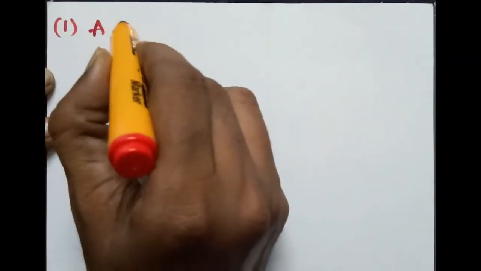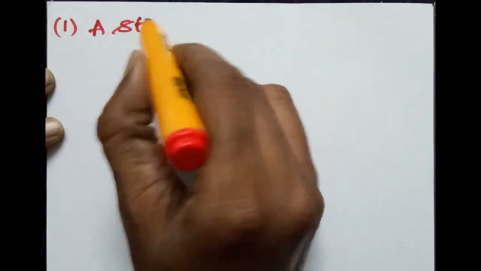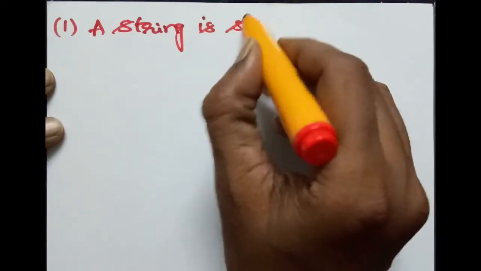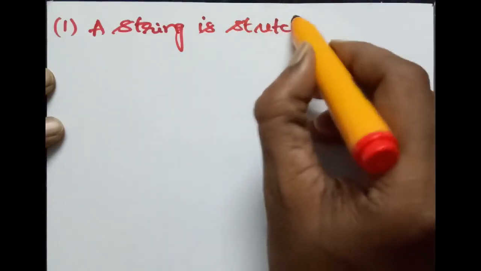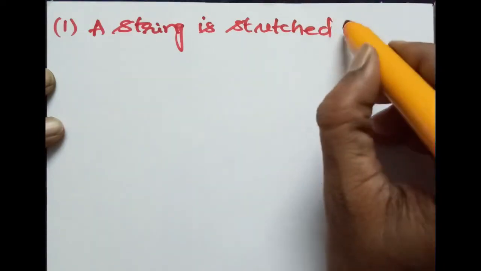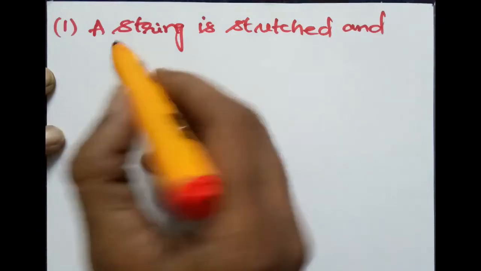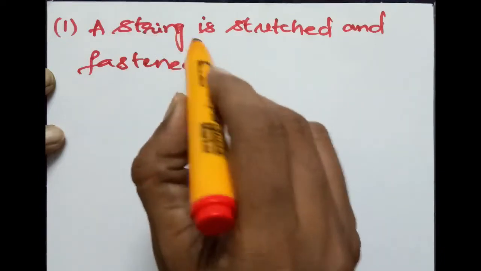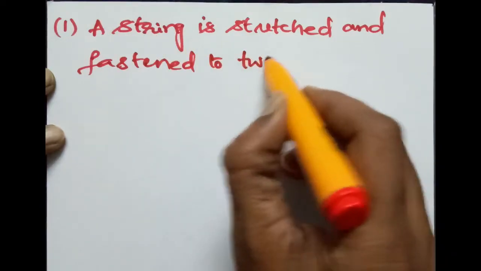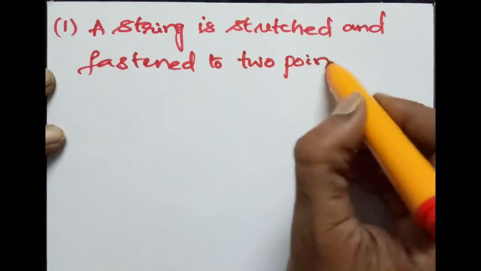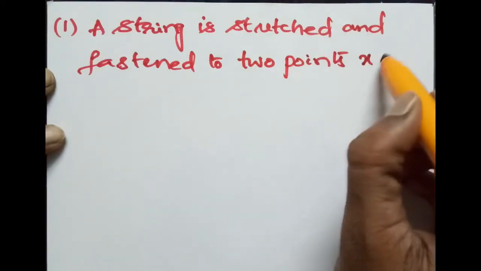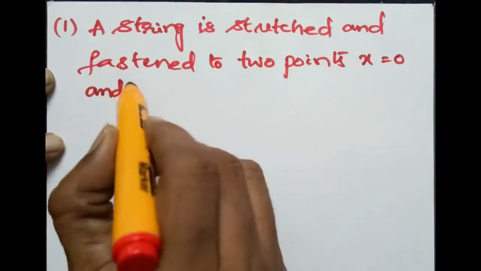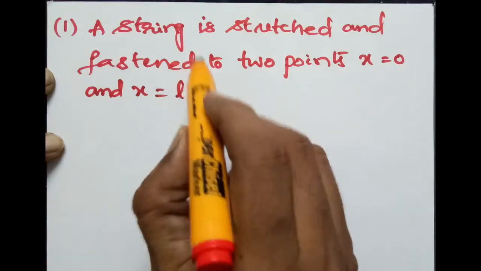A string is stretched and fastened to two points x equal to 0 and x equal to L apart.